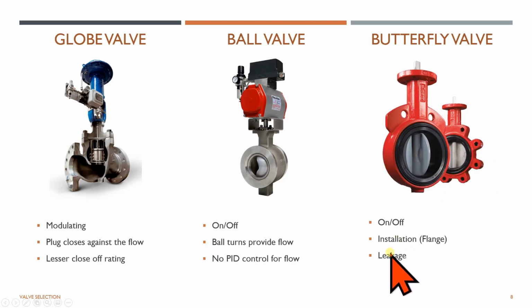These are not really helpful for modulating applications, as these have a higher rate of leakage and cannot contain the pressure drop across the valve. So these are usually used for larger applications when your line size is higher, for on-off type. So these are all the types of valves which we can come across while you're going with valve selection in your day-to-day control applications.